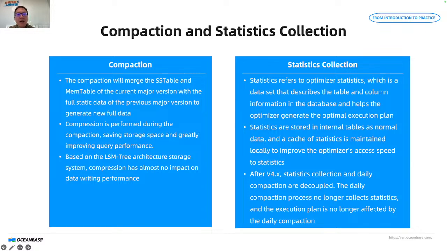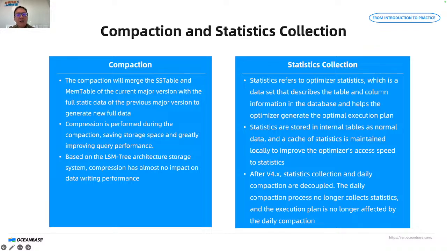The second layer is based on a compression algorithm specified by the user, using some common algorithms to perform another compression, which not only saves storage but also greatly improves our query performance. More importantly, based on the storage architecture of OceanBase, compression has basically no effect on the write performance.